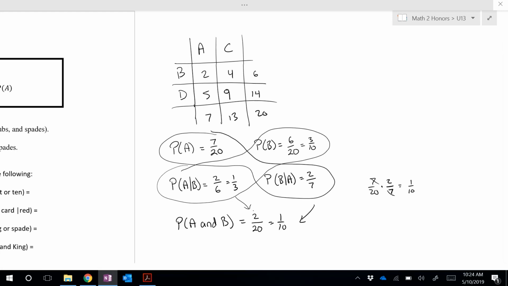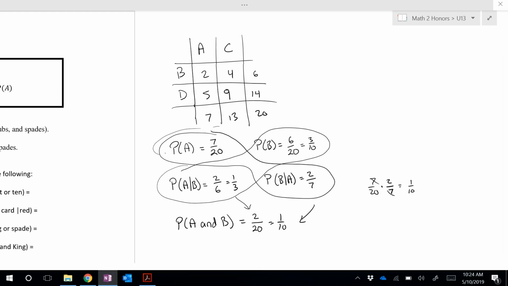And what about if I multiply the probability of A times the probability of B? Do I get 1/10? Is 7 over 20 times 3 over 10 equal to 1 over 10? You get 21 over 200.